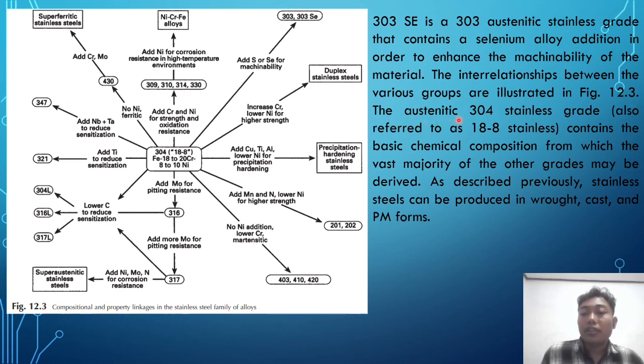The austenitic 300 series stainless steel grade, also referred to as 18-8 stainless, contains the basic chemical composition from which the vast majority of the other grades may be derived. As described previously, stainless steel can be produced in wrought, cast, and PM form. This is Picture 12.3, as you can see.